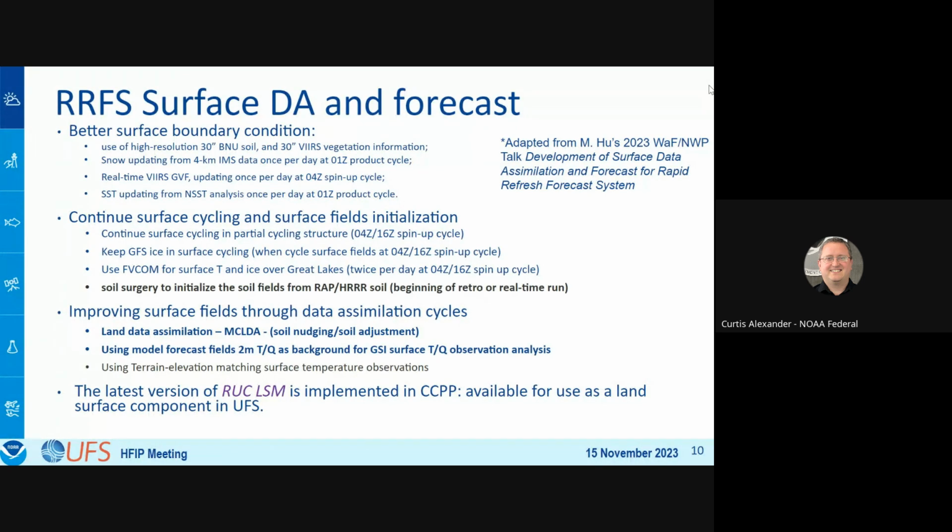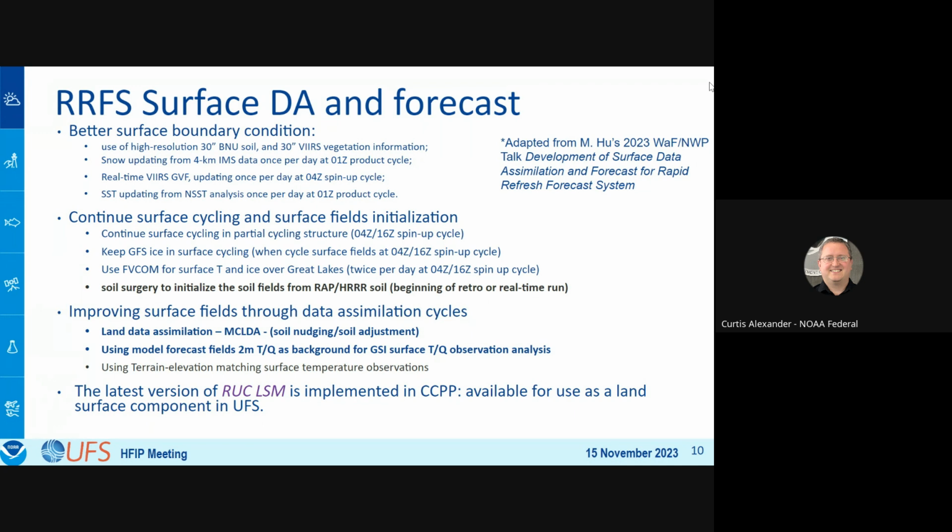We are doing the moderately coupled land data assimilation. We're adjusting soil temperature and moisture based on low-level atmospheric analysis increments as we had done with the RAP and the HRRR, and some of the other types of treatment for observations in complex terrain to handle the terrain and model height differences. So there's just a few highlights here from what we're doing on the surface DA front.